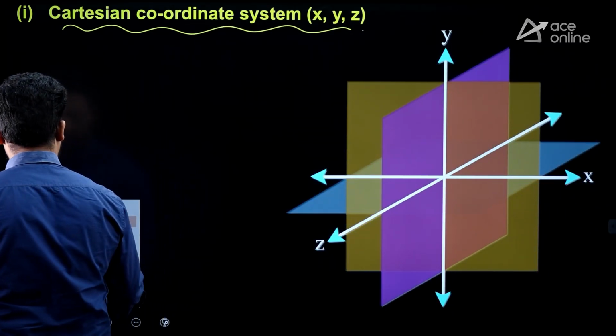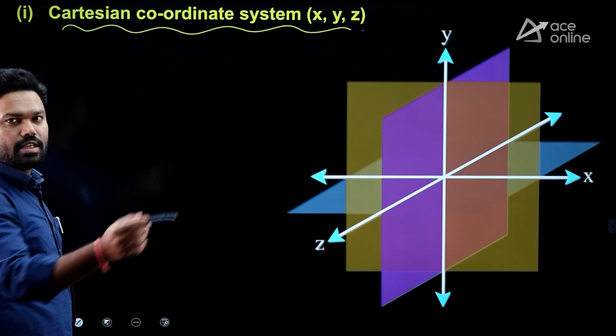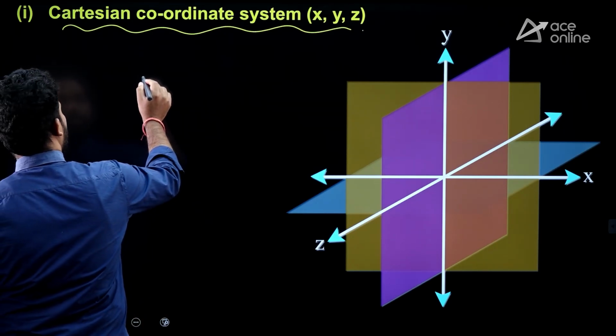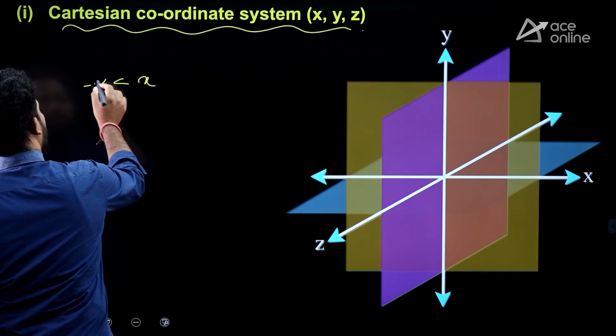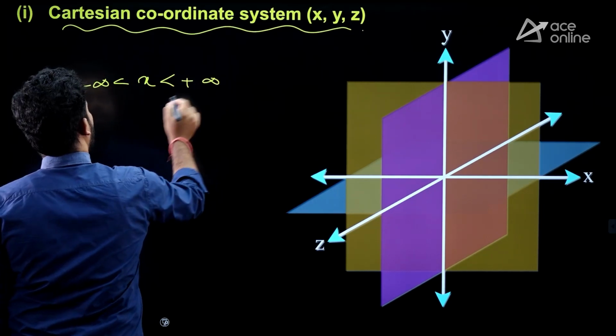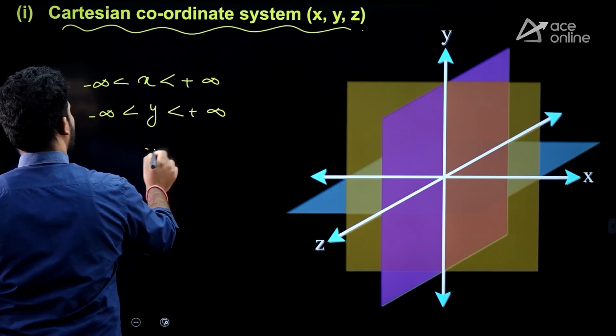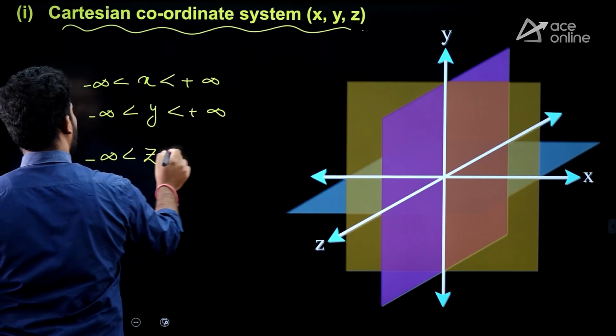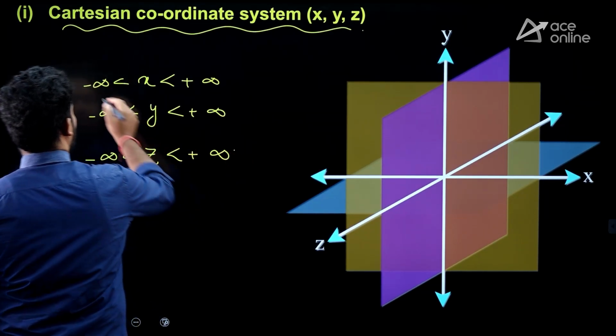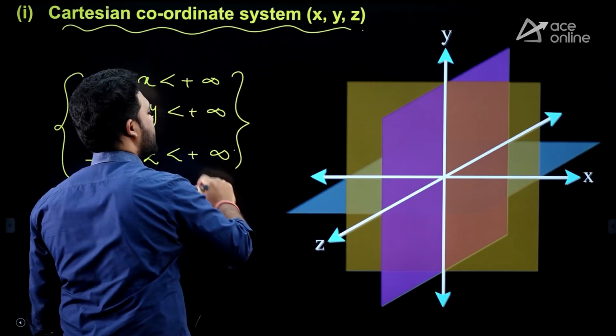In the Cartesian coordinate system, x, y, z are ranging from minus infinity to plus infinity. X is from minus infinity to plus infinity, y is also from minus infinity to plus infinity, and z is also from minus infinity to plus infinity. You must focus on the right-handedness here.